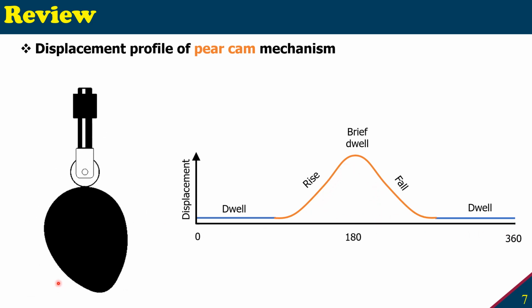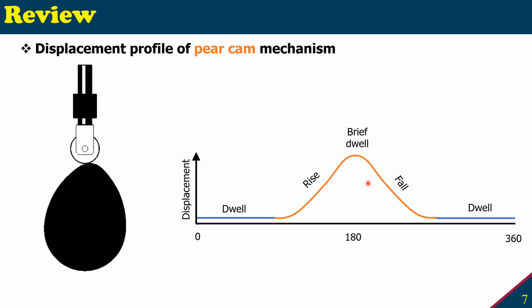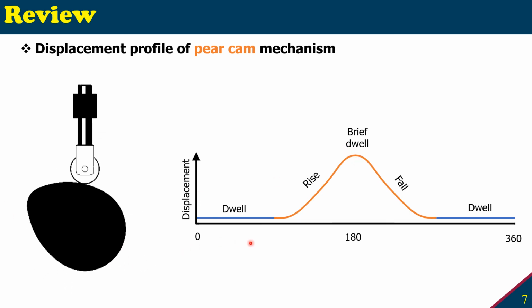If the oval edge is not sharp and it also has a circular portion, then you may still have a brief dwell time at the very point here, but sometimes you may not have that if the point is sharp.